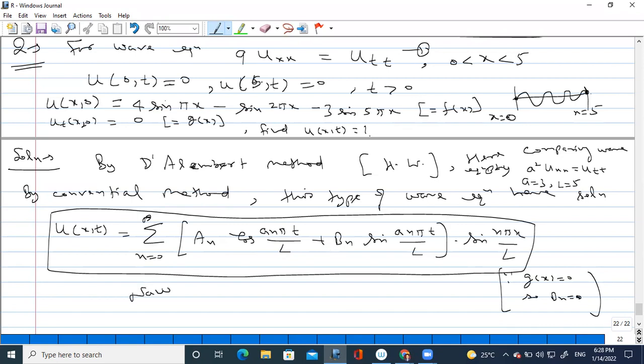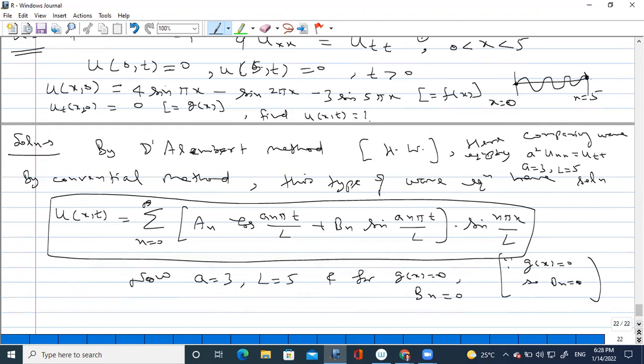Now A is equal to 3, L is equal to 5, and for gx equal to 0, Bn will be equal to 0. So these values, Bn equal to 0, L equal to 5, A equal to 3, I can put here.